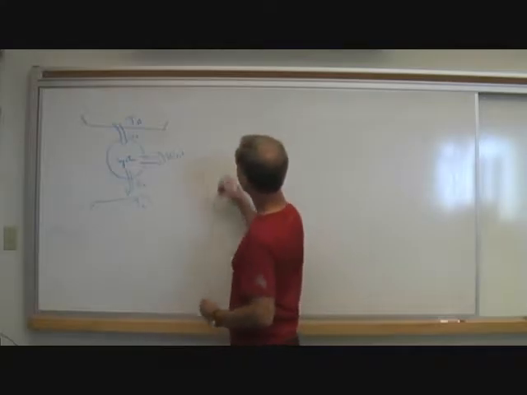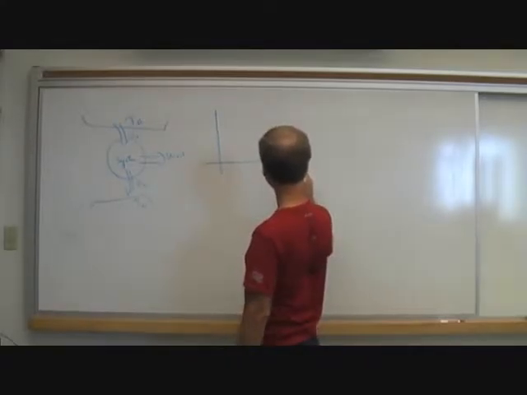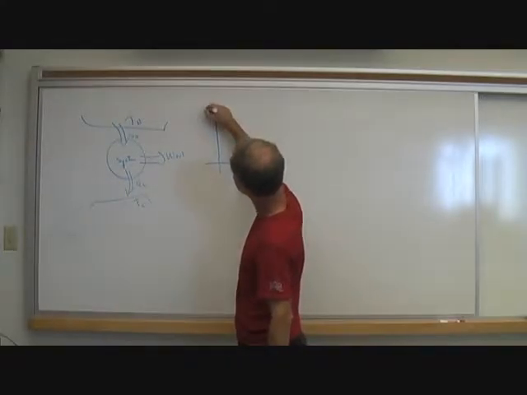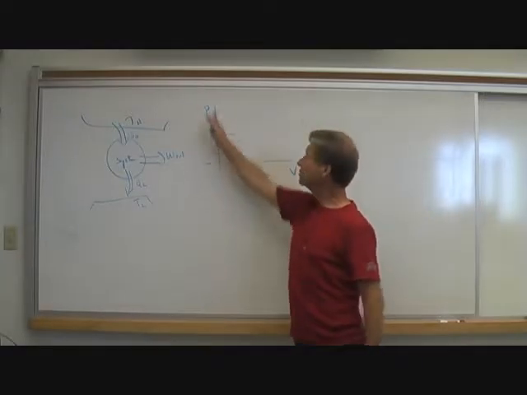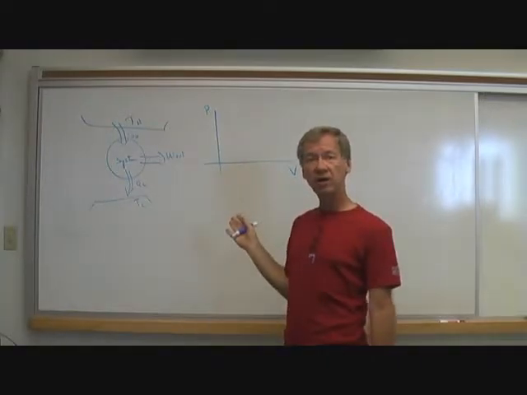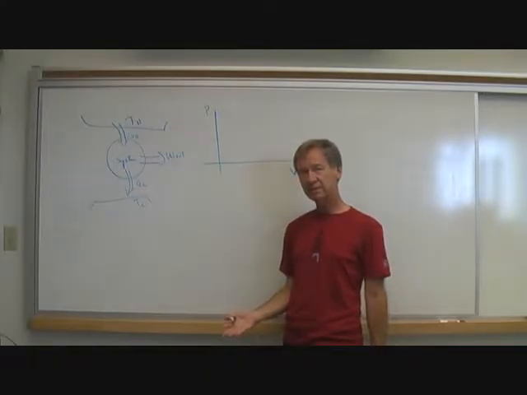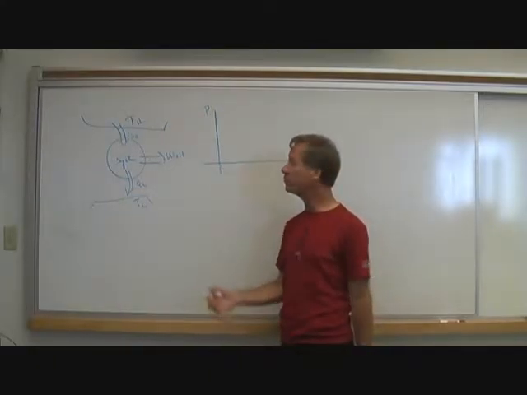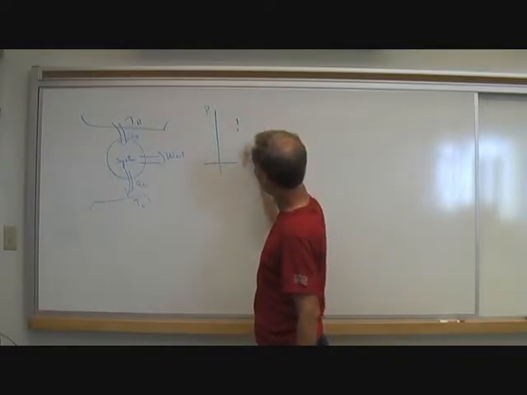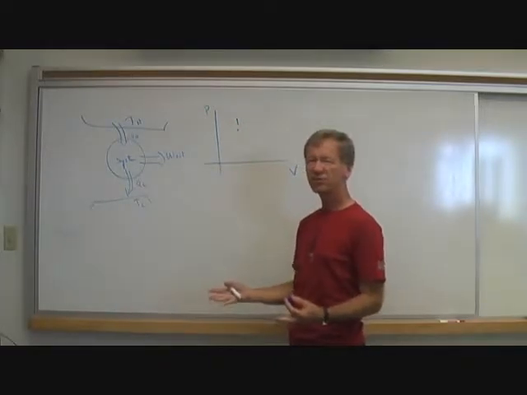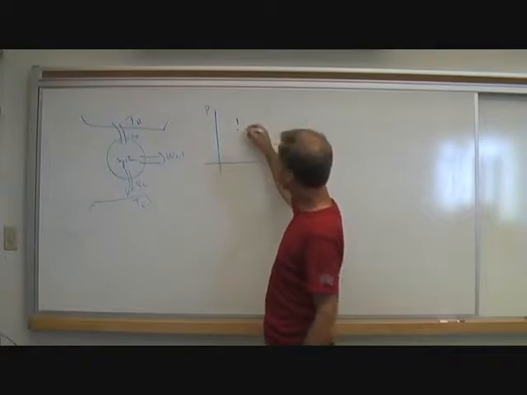All right? So here's one of those PV diagrams. Remember, P is on the vertical axis, V the horizontal axis. And now we're going to have a process that occurs, a thermodynamic process, that takes us from one spot to another. And we want to be able to do work.